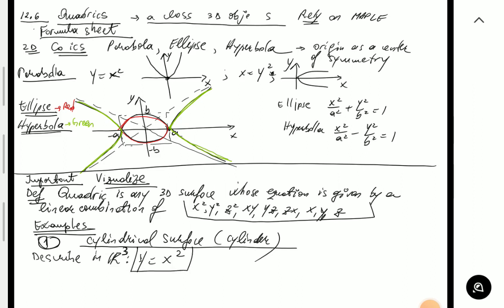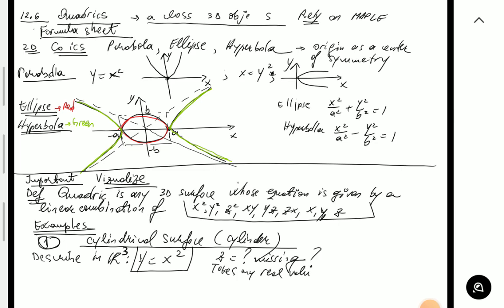Now pause for a moment and remember what I told you. What can you infer if one of the coordinates is missing in the description of the equation? Remember, that means that coordinate takes any real value. So that means z really takes any real value.